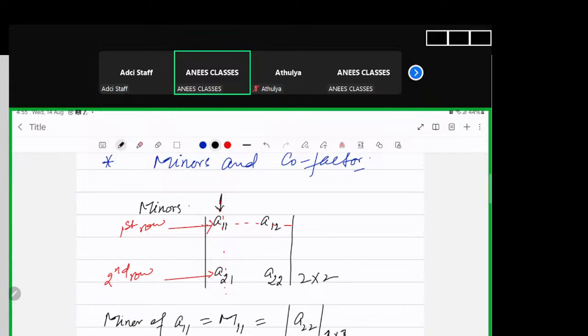A11 and A21 is column 1, first column. A12, A22 is second column. Understood, Saksham?